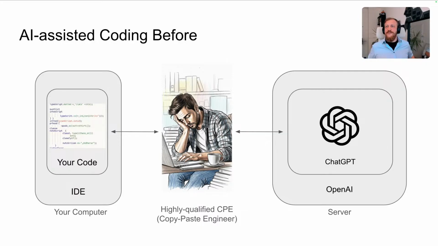There are plenty of experienced coders in this room, so I guess you experienced it the same as I did a year or two ago. AI-assisted coding was: you ask some questions, paste them to ChatGPT, wait for the answer, laugh at the answer, ask 10 more questions, then maybe copy-paste something from the IDE, right? It was all about CPE.